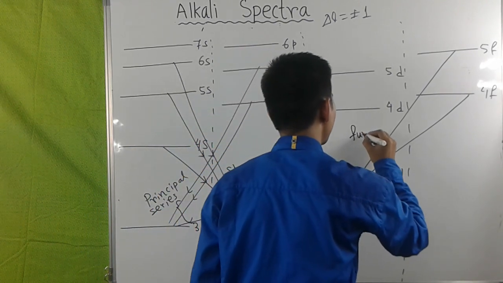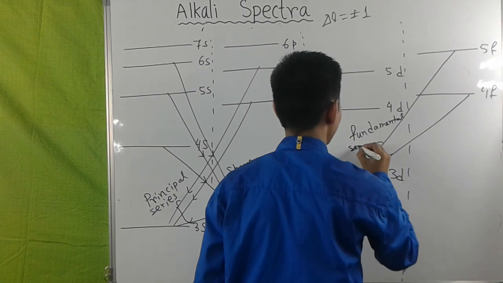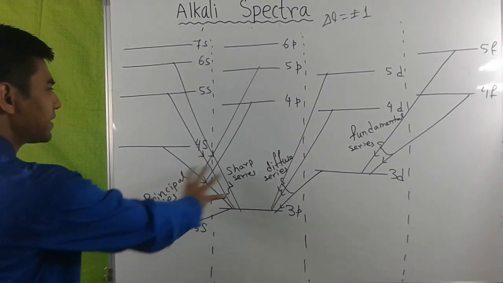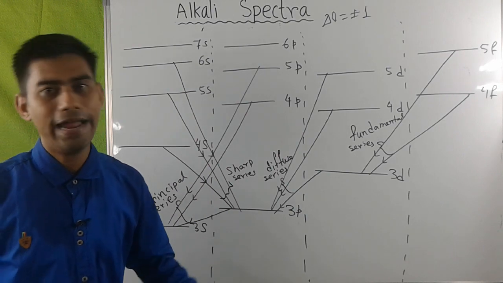So this is the fundamental series. So these are the four series of lines of the alkali spectra in a sodium atom.